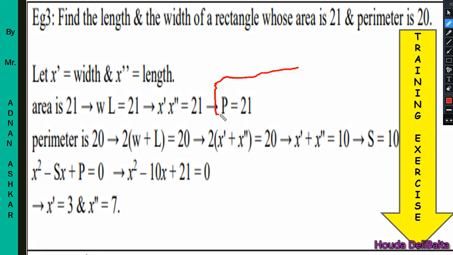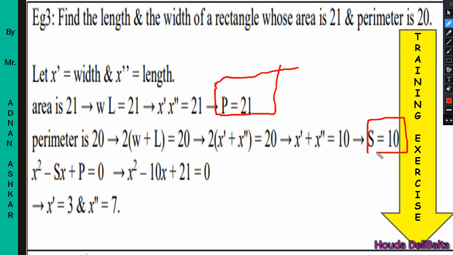Now we still need to find the sum. The sum is related to the perimeter. The perimeter is 20, meaning 2 into the length plus the width is 20, then surely w plus l is 10. So 2 into x prime plus x double prime is 20, then surely x prime plus x double prime is 10. So this is the sum.